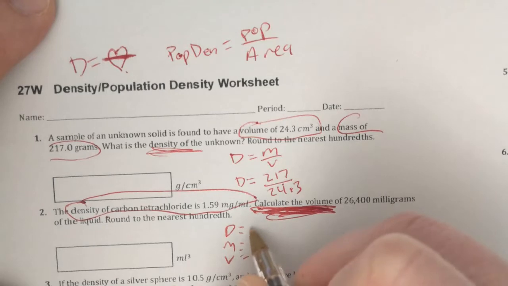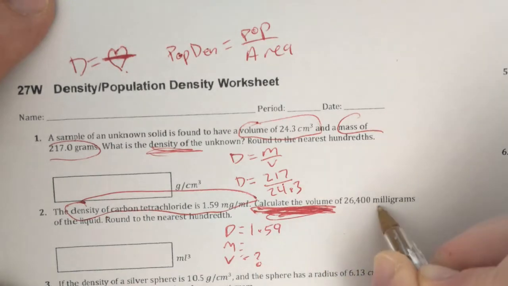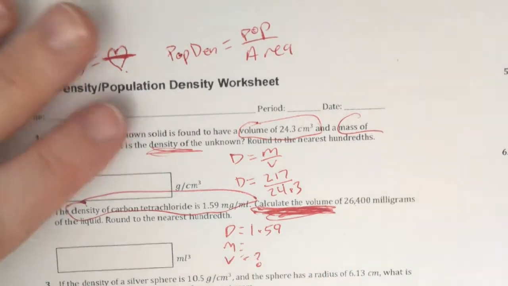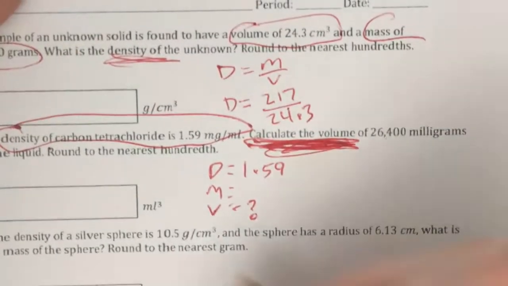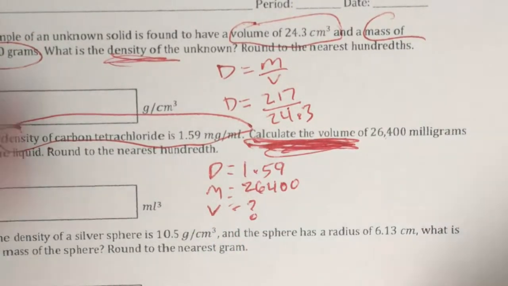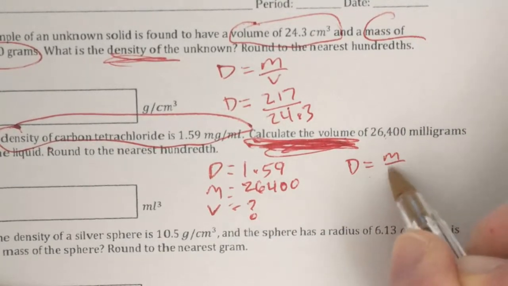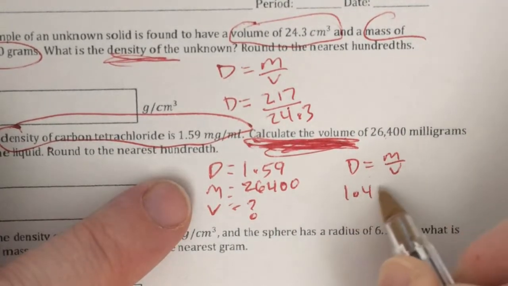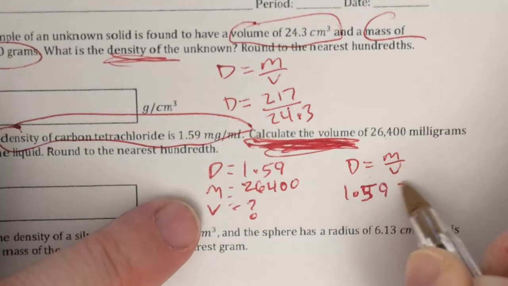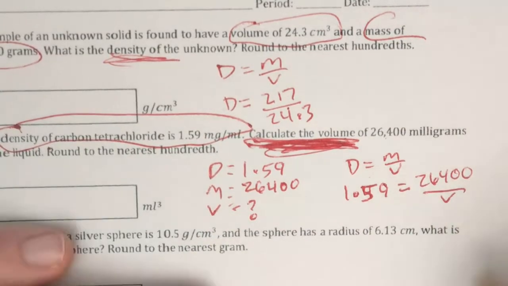So if the density is 1.59 and you're looking for the volume, so that's a question mark, right? Then what's left over with this sucker would have to be the mass. So 26400. Okay, so all you have to do now is plug it in. D equals m over v. So 1.59 is equal to the mass 26400 over v, and you cross product.